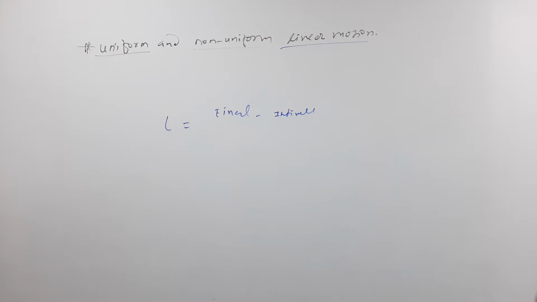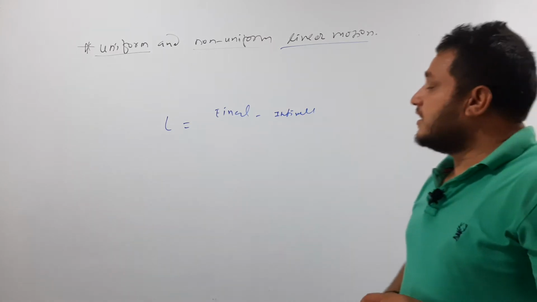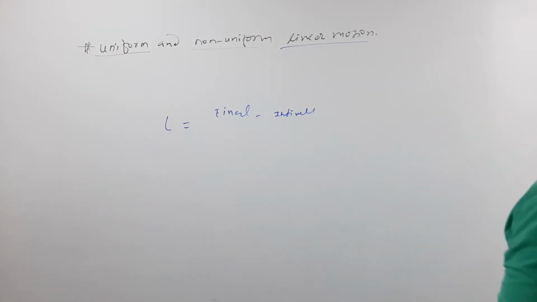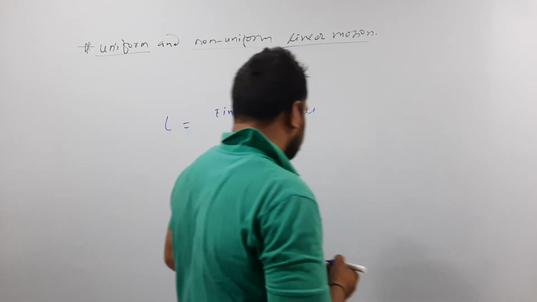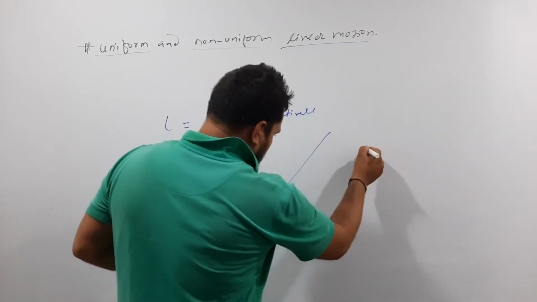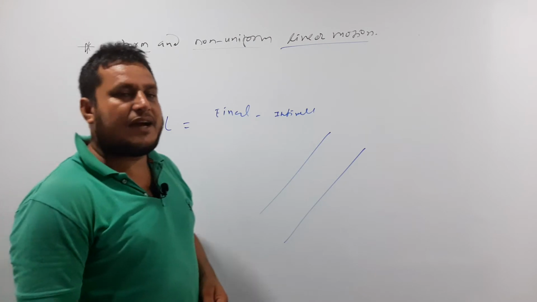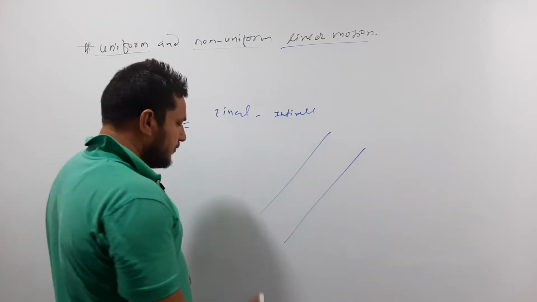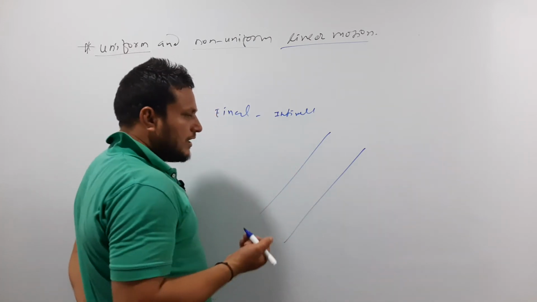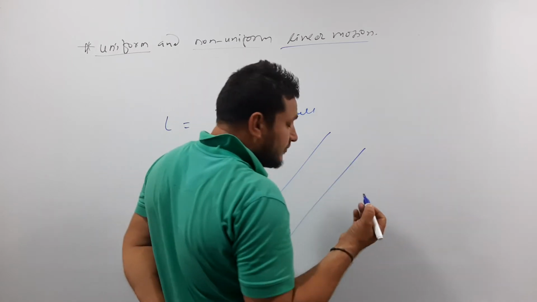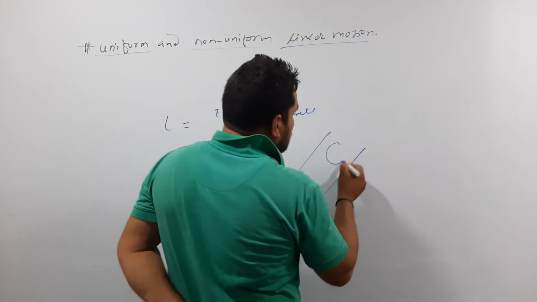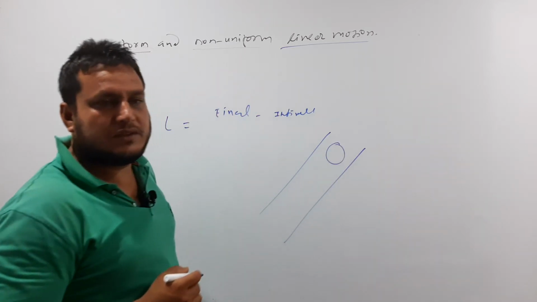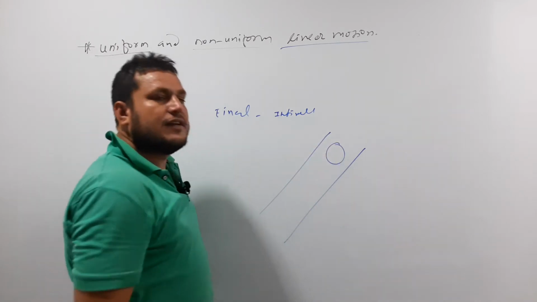Here, the uniform and non-uniform linear motion. They are giving us a simple, easy demonstration. Suppose we have a wood track, and we also have a ball to roll down this track.